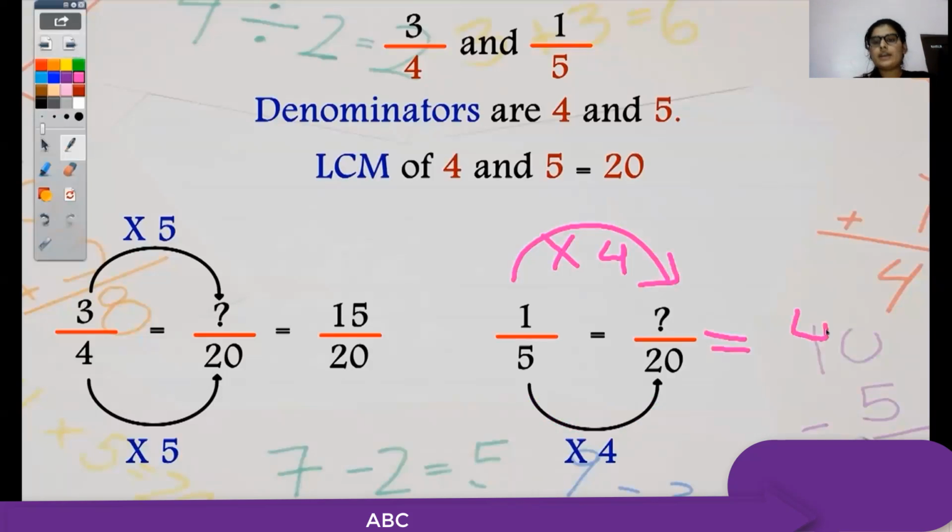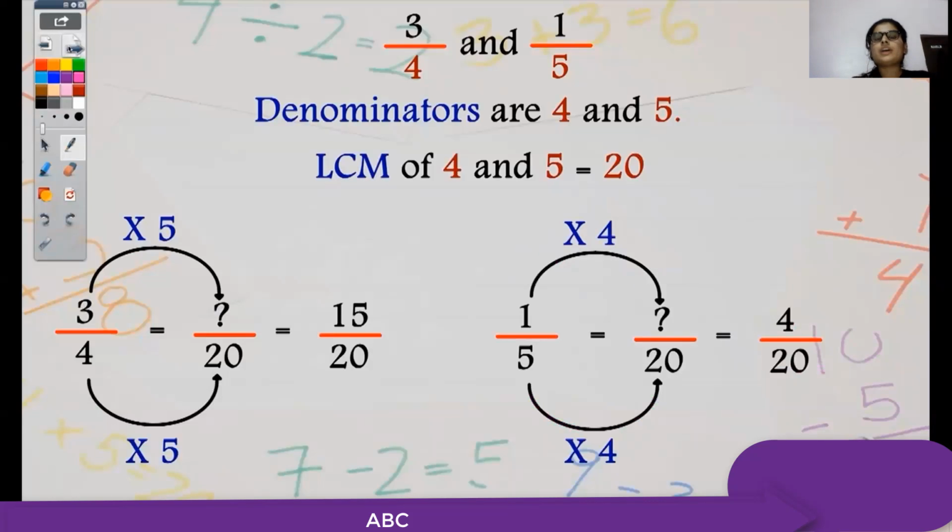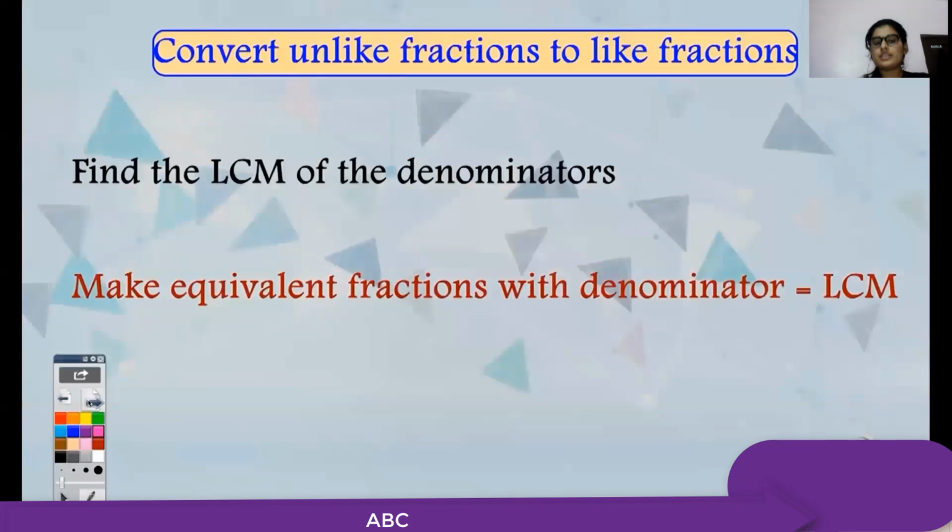So I'll write here 4 by 20. This is how I can convert unlike fractions 3 by 4 into 15 by 20 and 1 by 5 into 4 by 20. So 15 by 20 and 4 by 20 are like fractions. Why am I saying these are like fractions? Because 20 is the denominator of this fraction and 20 is the denominator of the other fraction.